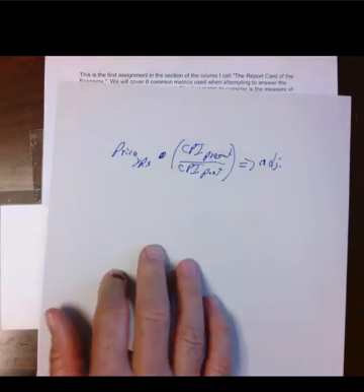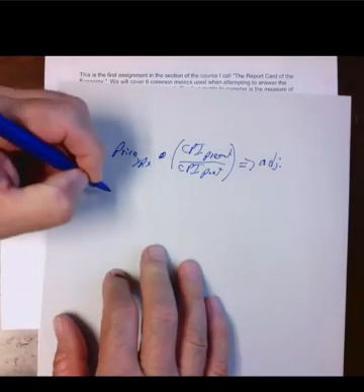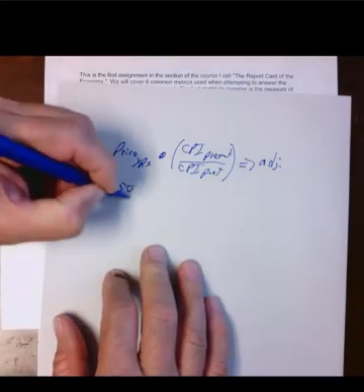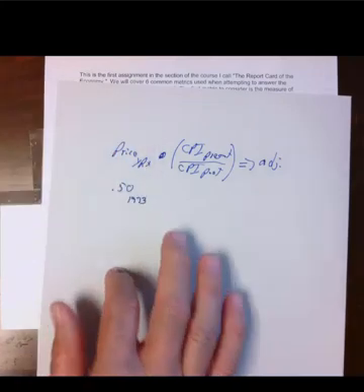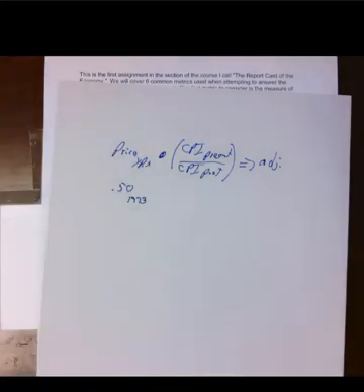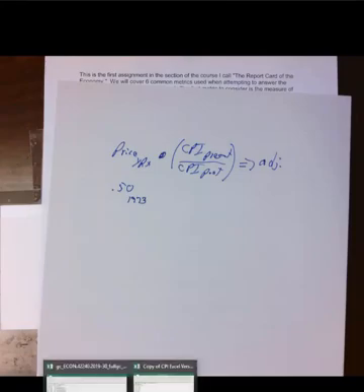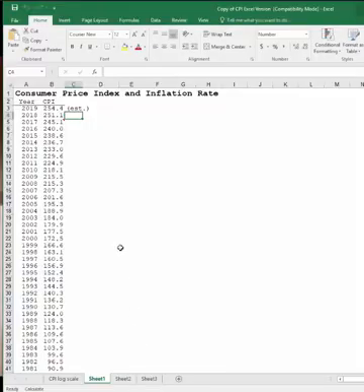just for inflation. So in this case, the price of gas was 50 cents a gallon and the year was 1973. So we need the consumer price index, which was 254.4.